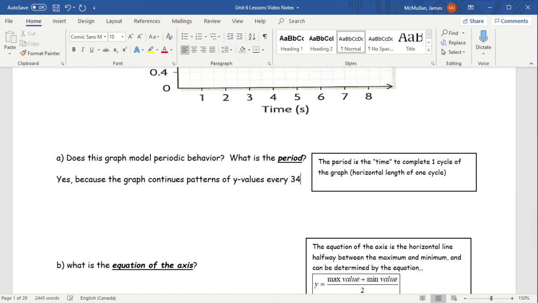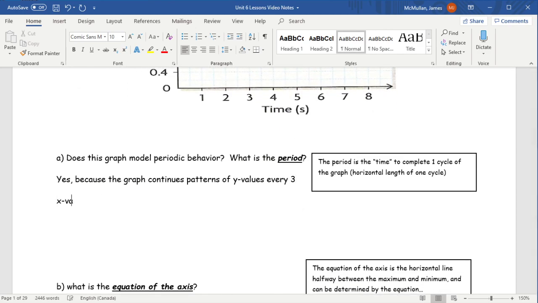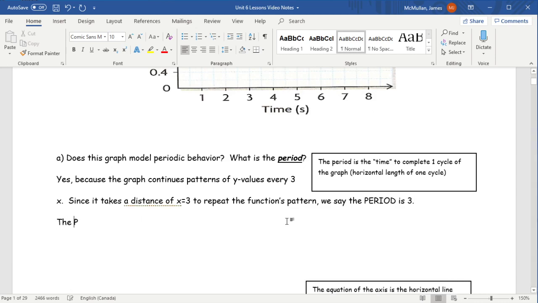So since it takes a distance of x equals 3 to repeat the function's pattern, we say the period is 3. So the period is how much time, or how much x value, does it take to repeat.